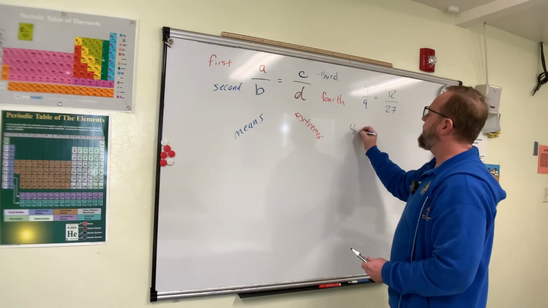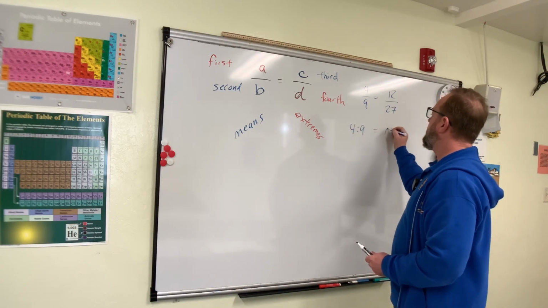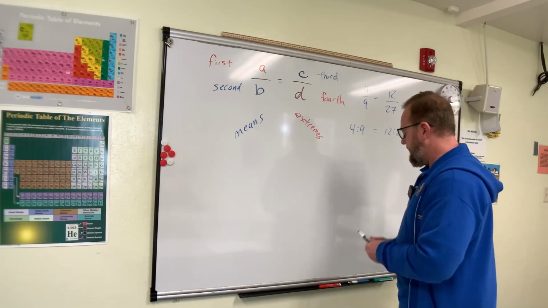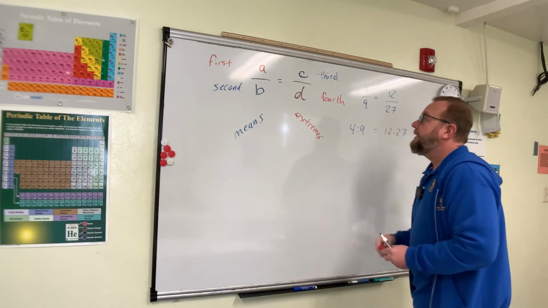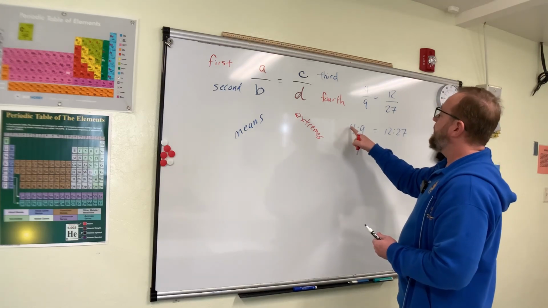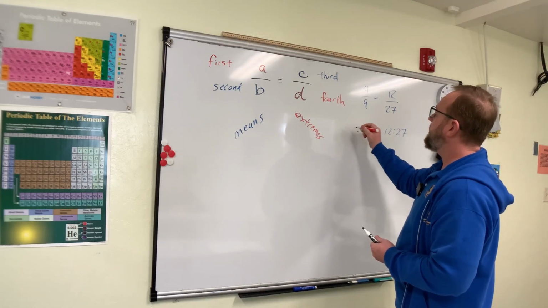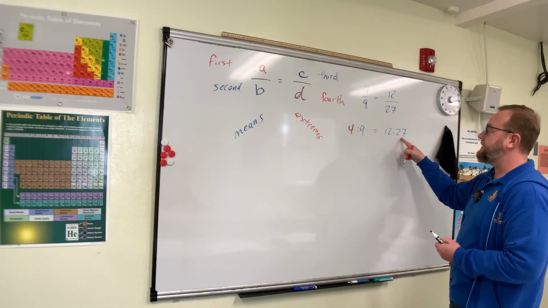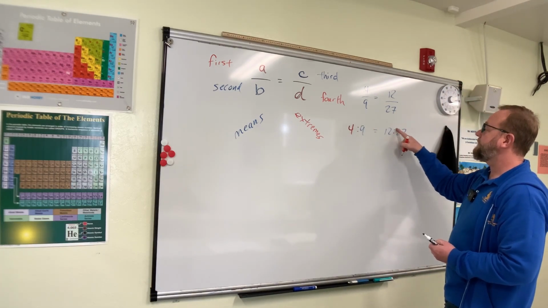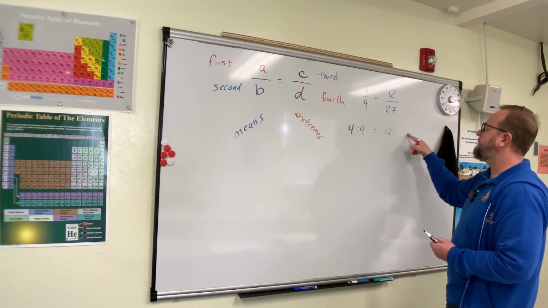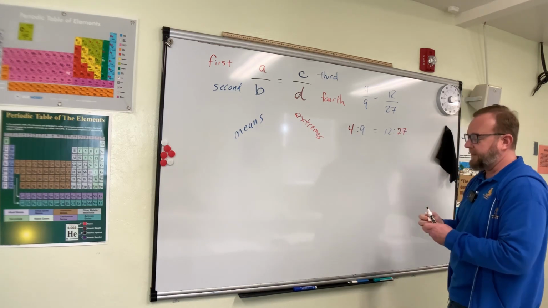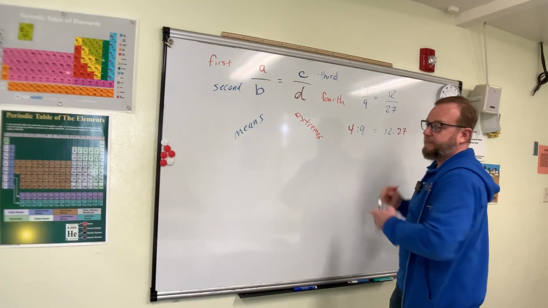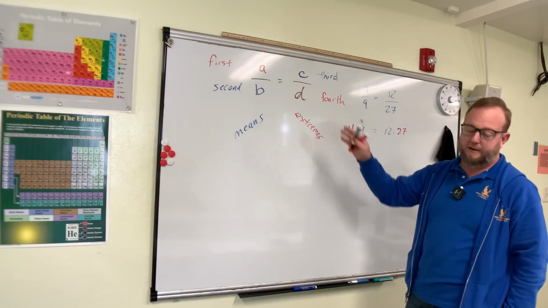If I wrote it like this, 4 to 9 equals 12 to 27, my 4 is my red one, and over here the other extreme is 27, right? The outsides are the extremes, and the inside are the means. See how those go together?